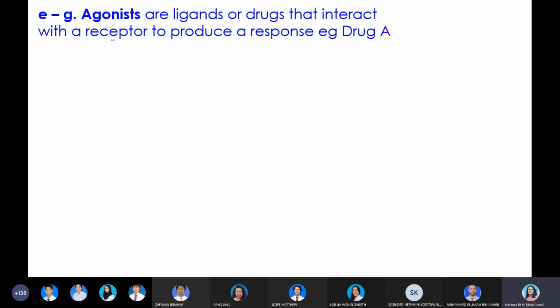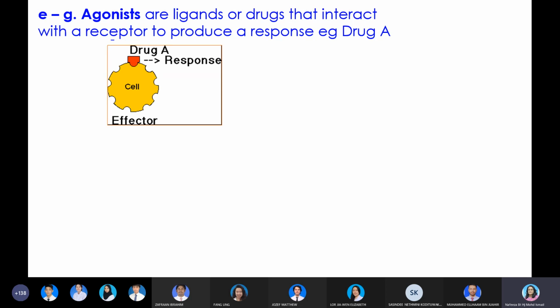Agonists are ligands, which are substances that interact with the receptor. They not only bind to the receptor, but when they bind, they stimulate the receptor and activate the receptor to produce a response.